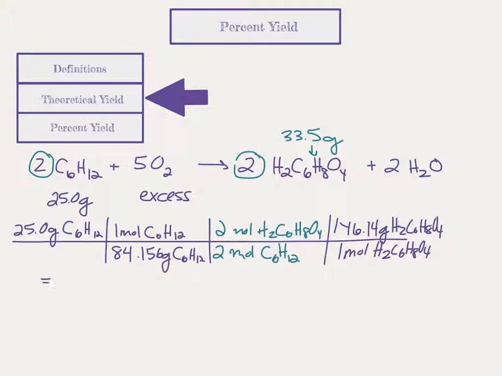And then I'll write down my theoretical yield after I multiply across the top of my dimensional analysis setup and divide by each thing on the bottom. That means that my theoretical yield is 43.4 grams of this stuff.